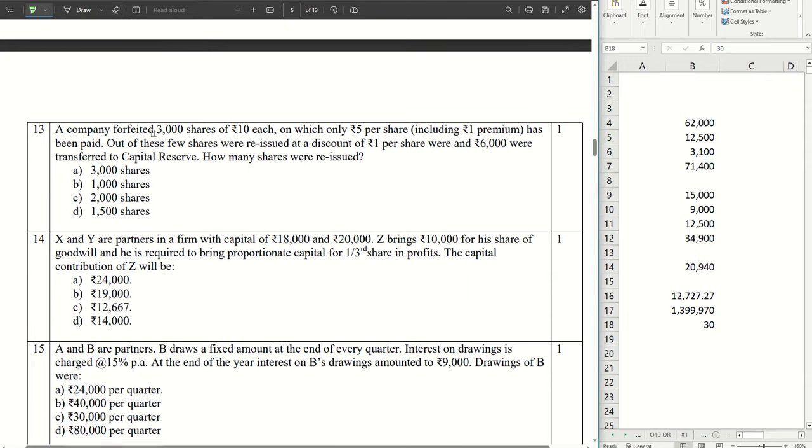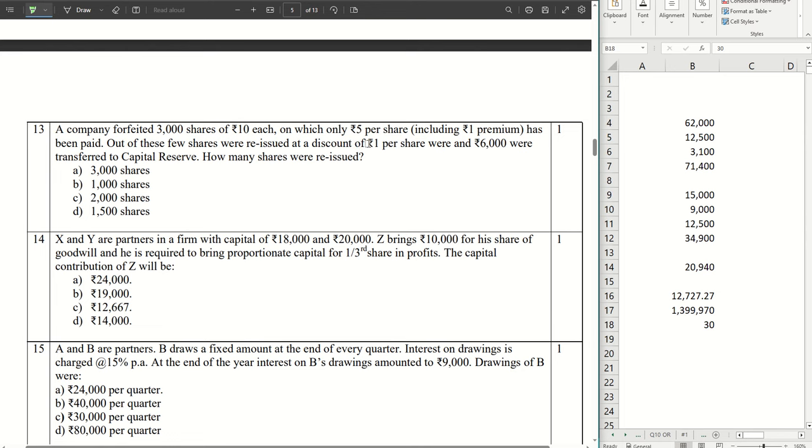A company forfeited 3000 shares of rupees 10 each, on which only 5 per share including rupees 1 premium has been paid. Okay, now this rupee 1 of premium which has been received by the company is to be excluded from the calculation. So we'll consider only 4 per share that has been forfeited. Okay. Out of these, few shares were reissued at a discount of rupees 1 per share.